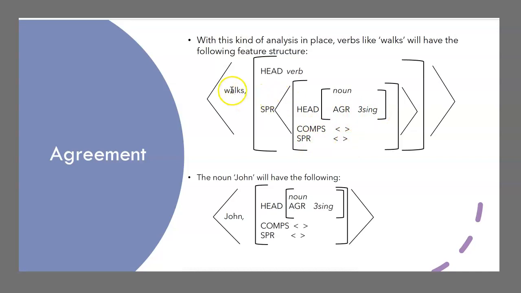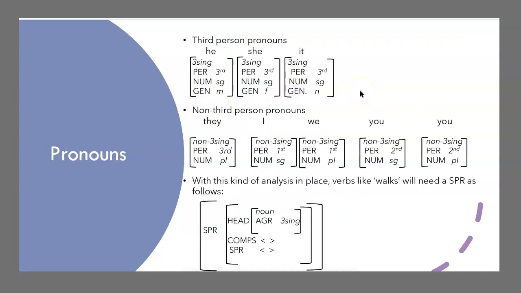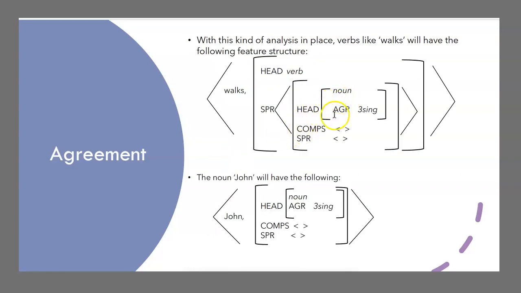So the subject of walks should be this. Whatever fulfills this feature structure can be the subject. So can we have a word like they as a subject of walks? No, because the word they is non-third singular, person third, number plural. But what it needs is AGR third singular as a value, not non-third singular.